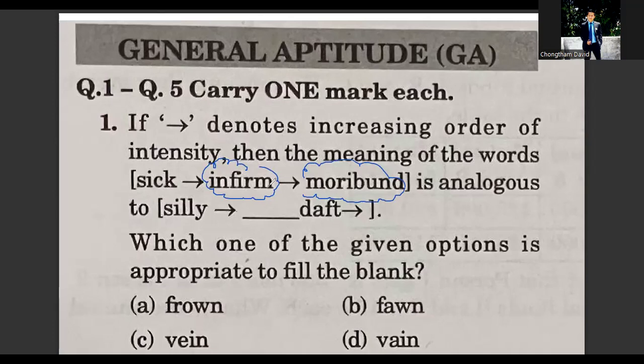Similarly, in the second set, we can see silly, then vain, followed by draft. The words are arranged in increasing order of intensity or seriousness in terms of foolishness or lack of judgment. So, the answer is vain. Let us see question number 2.